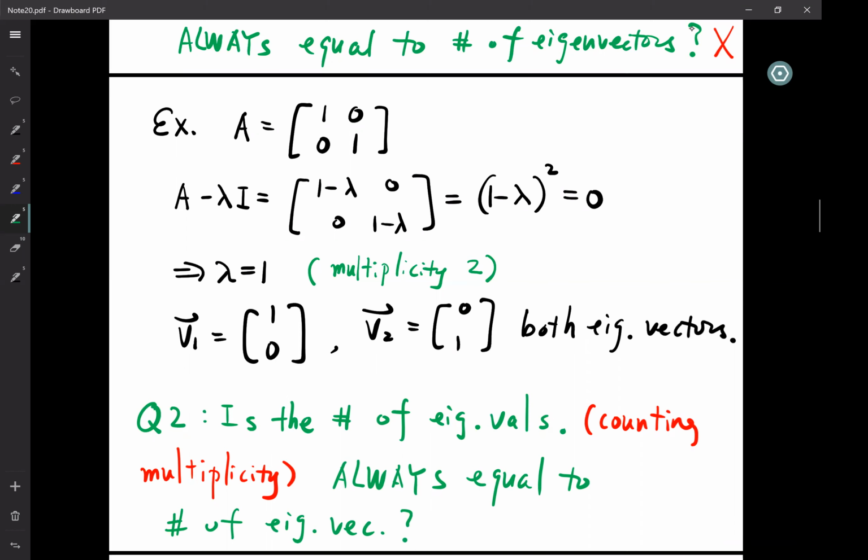What do you mean by multiplicity in this case? Well, multiplicity just means that if I factorize a polynomial and let's say lambda minus 1 squared, that one should really be viewed as lambda minus 1 times lambda minus 1. So I have two roots, lambda 1 equal to 1 and lambda 2 equal to 1.